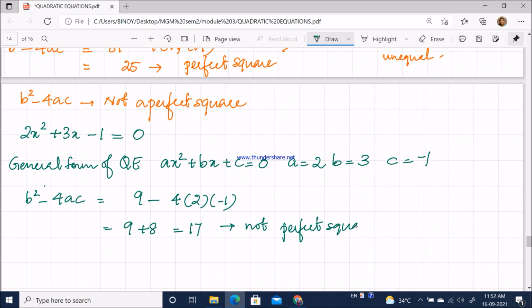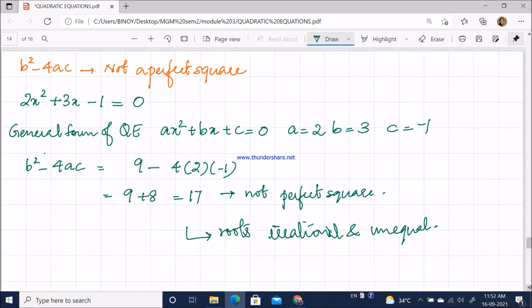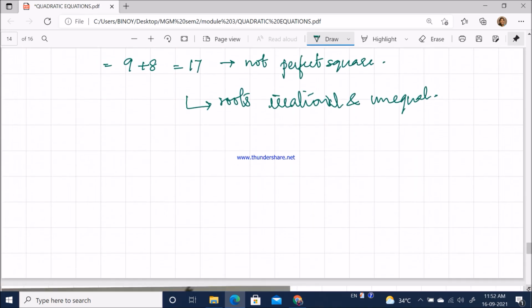So the roots are irrational and unequal.